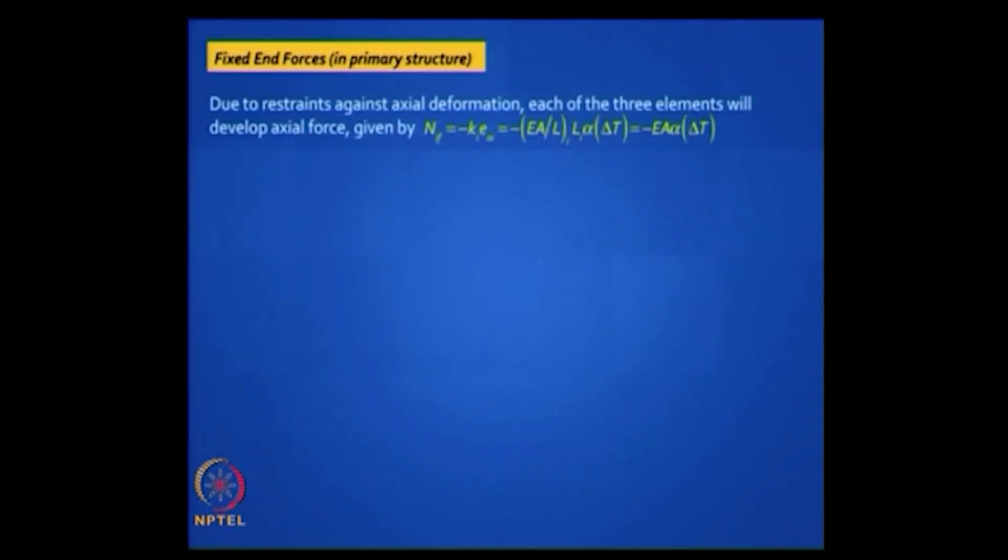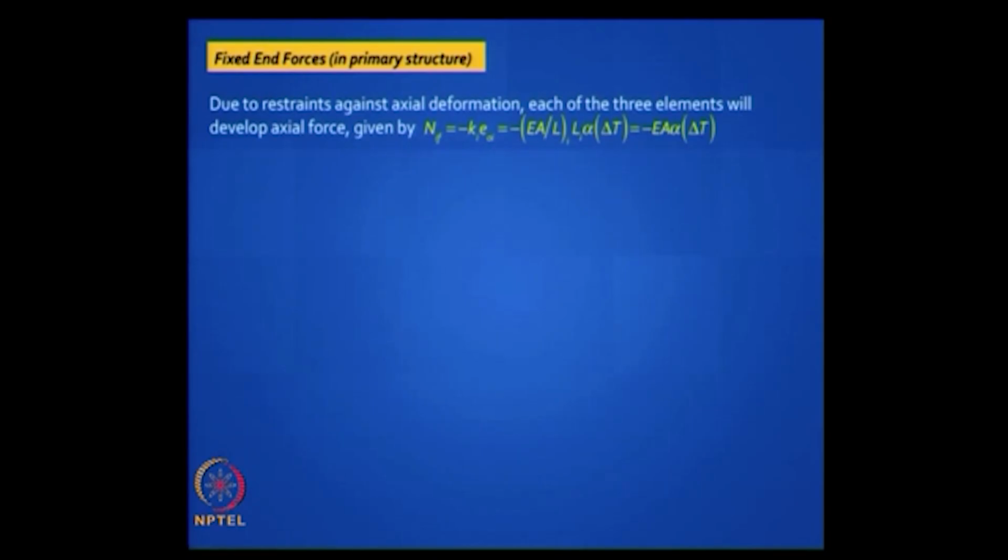So first, as you rightly said, we will find the fixed end forces in the primary structure, and that is simply the axial stiffness Ki, N_i F is Ki into e naught i, right? We put a minus sign in general because normally you have a rise in temperature and e naught is an extension. But in this case e naught will turn negative, so when you substitute the results you should get a tension.